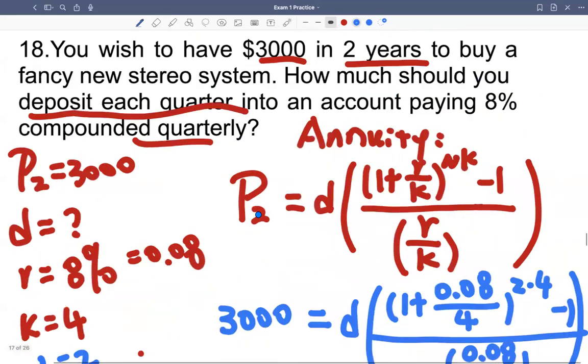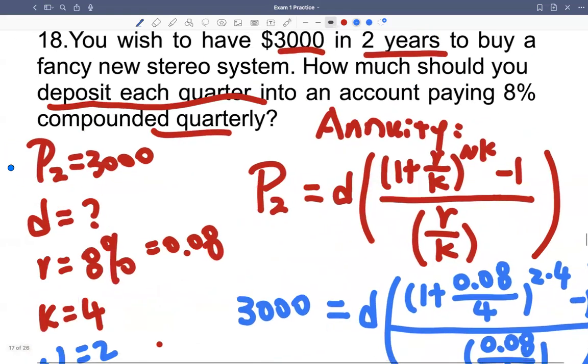All right, so what have we done? First, we identify the variables. Identify the quantities given in the problem with a corresponding variable. We have identified P2, our future goal, is $3,000. So this is future money.